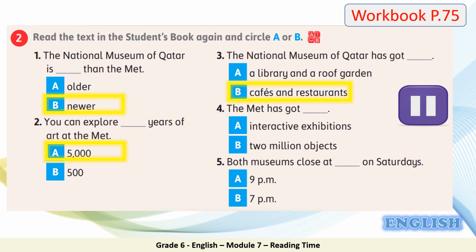Number 3, the Met has got, the Met is for the Metropolitan Museum of Art. Well done. 2 million objects. Number 5, the last one, both museums close on Saturdays. Well done, at 9 p.m. Well done, everyone.